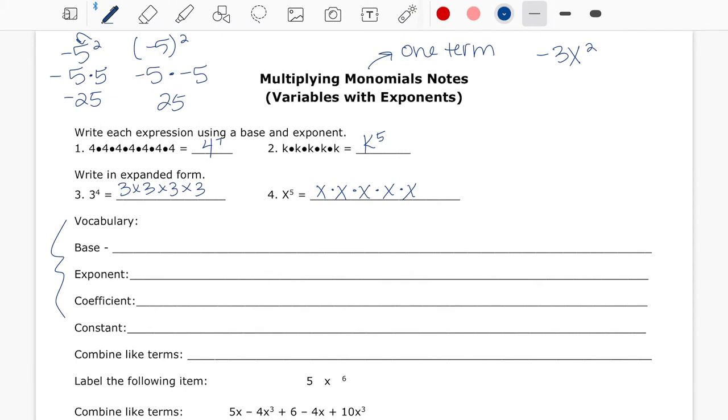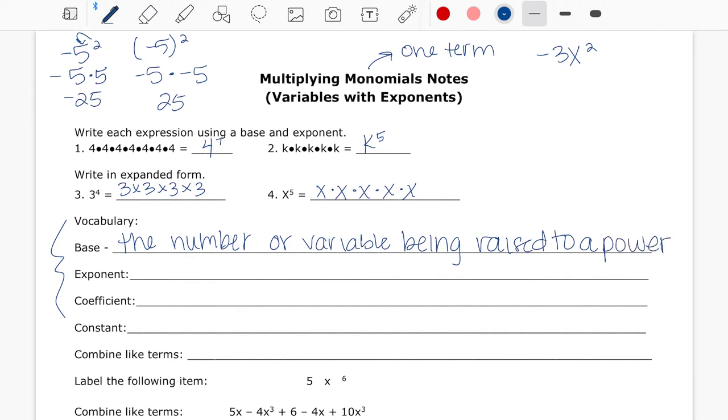Our base is the number or variable being raised to a power. And the exponent tells us how many times the base is being multiplied by itself.